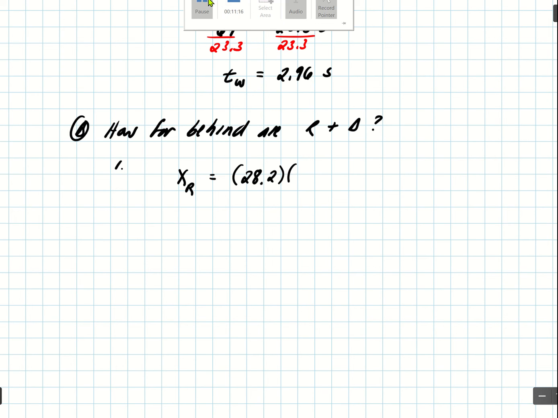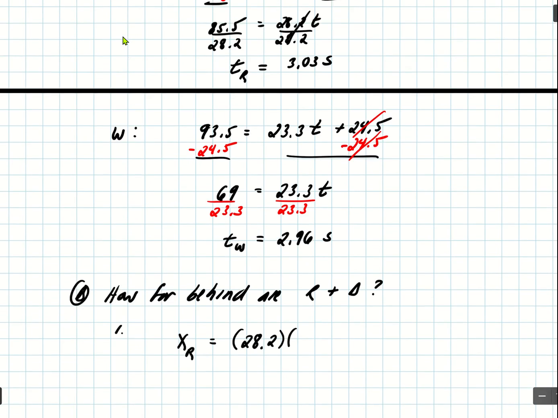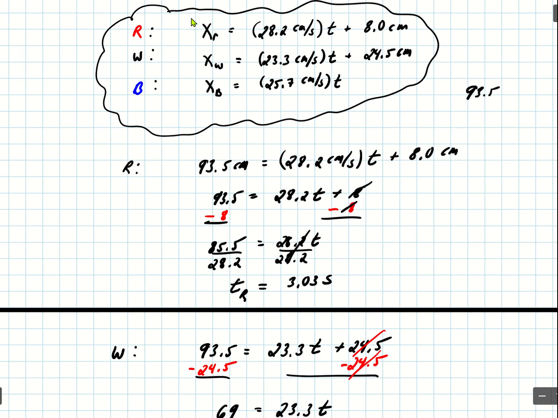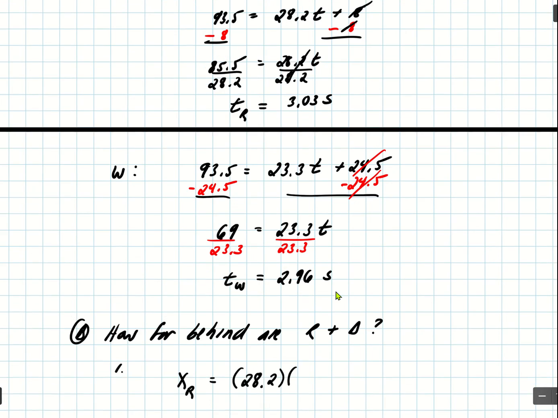Let me pause this. Okay, I had a little bit of an interruption there, so I'm trying to regroup. Basically, what I was doing before I paused the video was figuring out where R and B, the red ball and blue ball, are when white crosses the finish line. So I'm going to do red's position equation and plug in the winning time of 2.96.